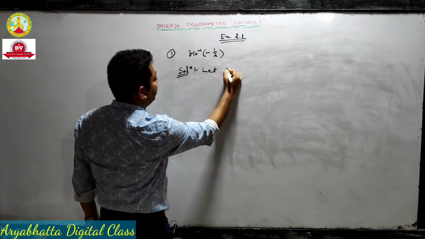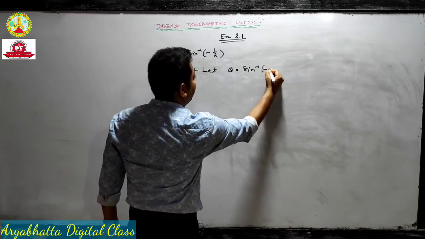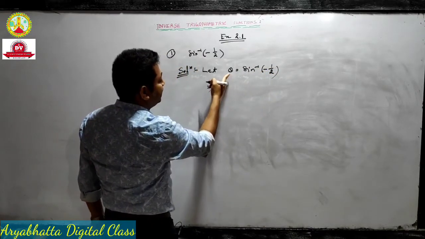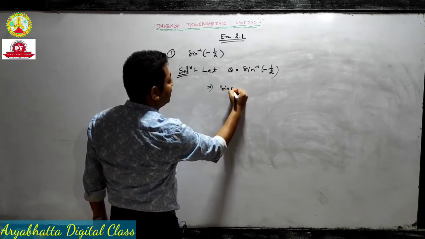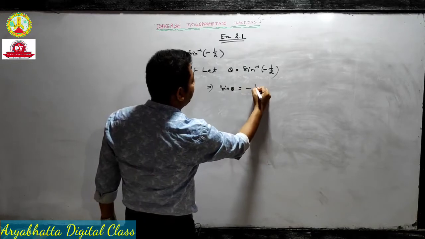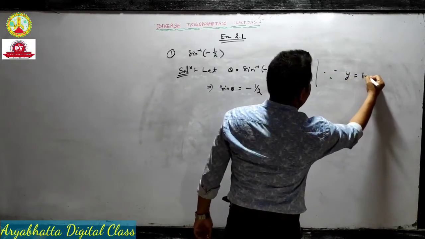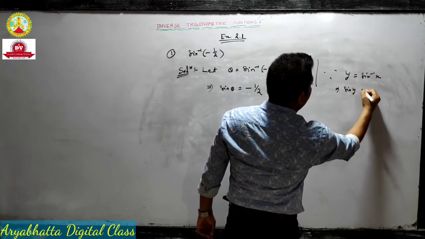Let theta equal to sin inverse minus 1 by 2. Therefore, sin theta equal to minus 1 by 2. Since y equal to sin inverse x, therefore sin y equal to x.